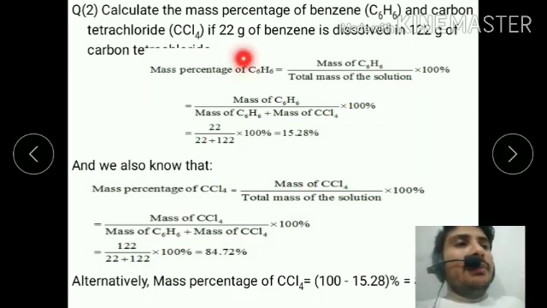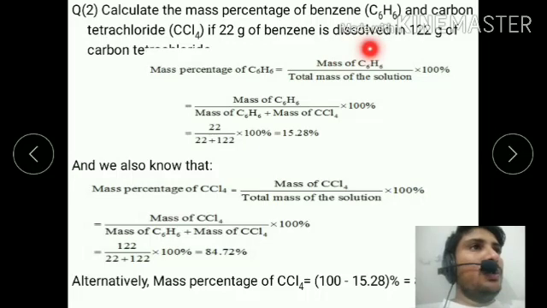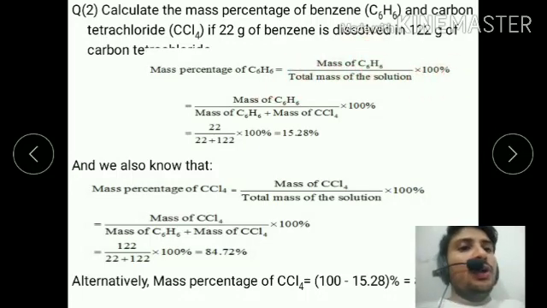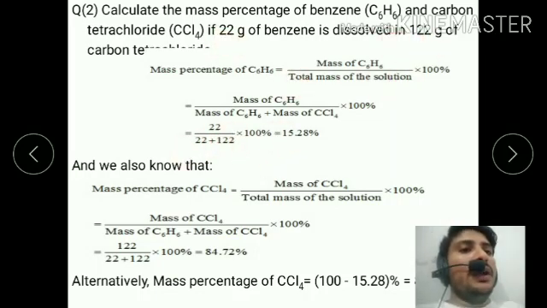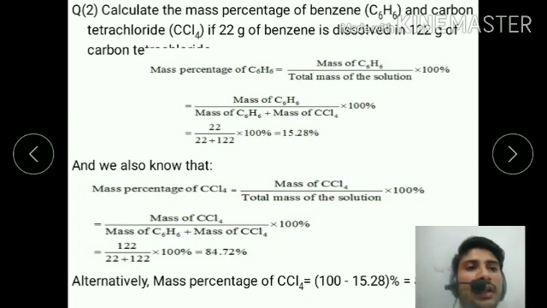First find the mass percentage of benzene: mass of benzene upon total mass of solution multiplied by 100. What is the mass of benzene? 22. What is total mass of solution? 22 plus 122 means 144, multiplied by 100, 15.28. If you determine the mass percentage of one component in solution, then you can easily determine the mass percentage of another component without any calculation. This is a simple phenomenon.